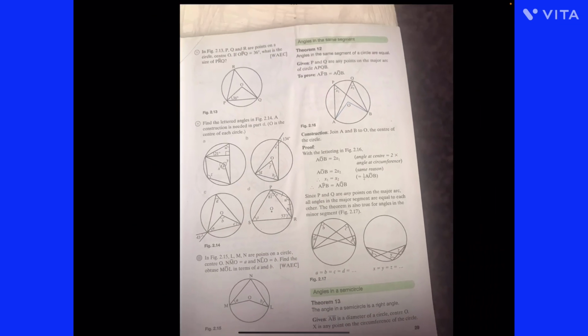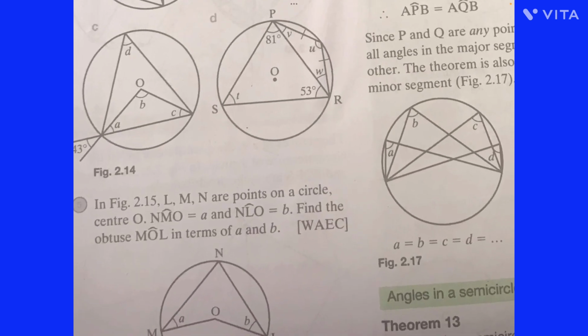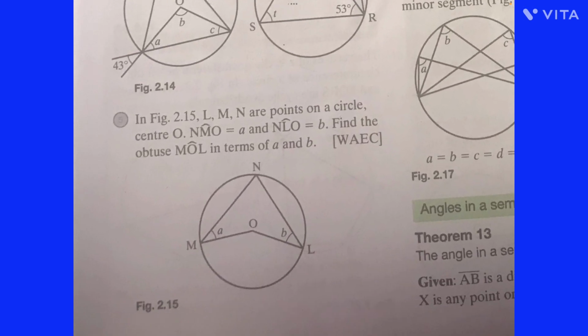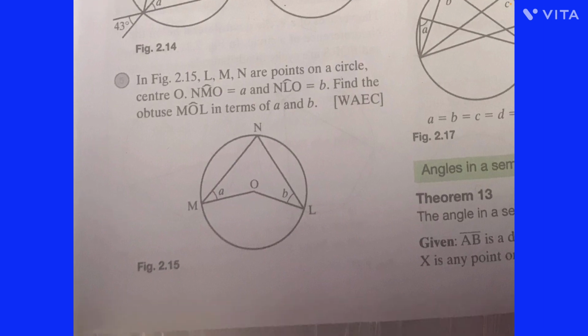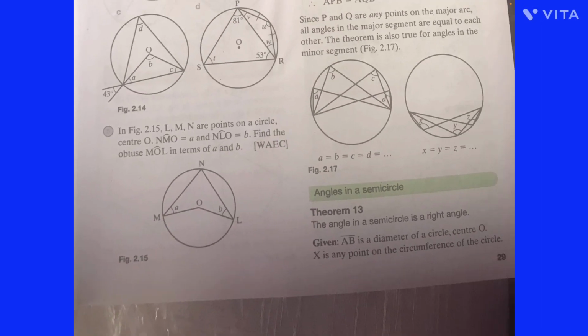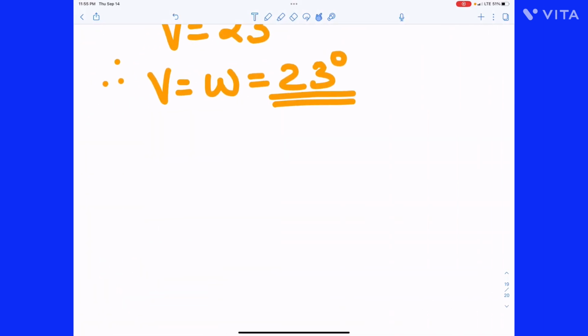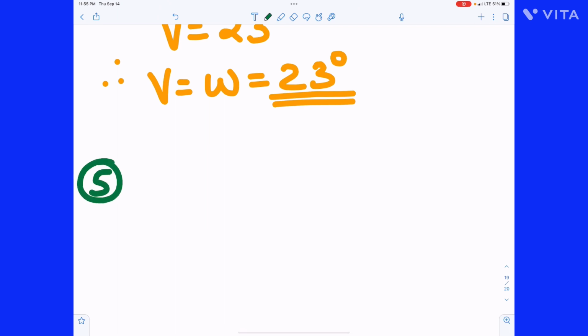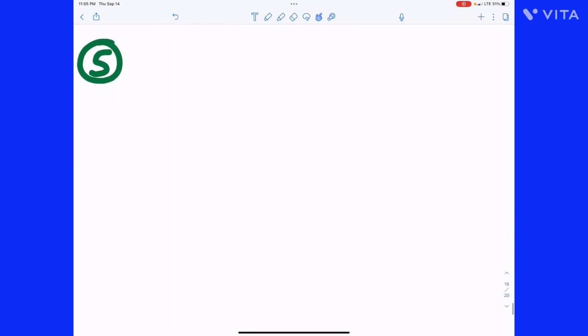Let's now go to question 5, which is the last question in the exercise. It says in the figure above, A, B, M, and L. We should find MOL in terms of A and B. That's not going to be too difficult.